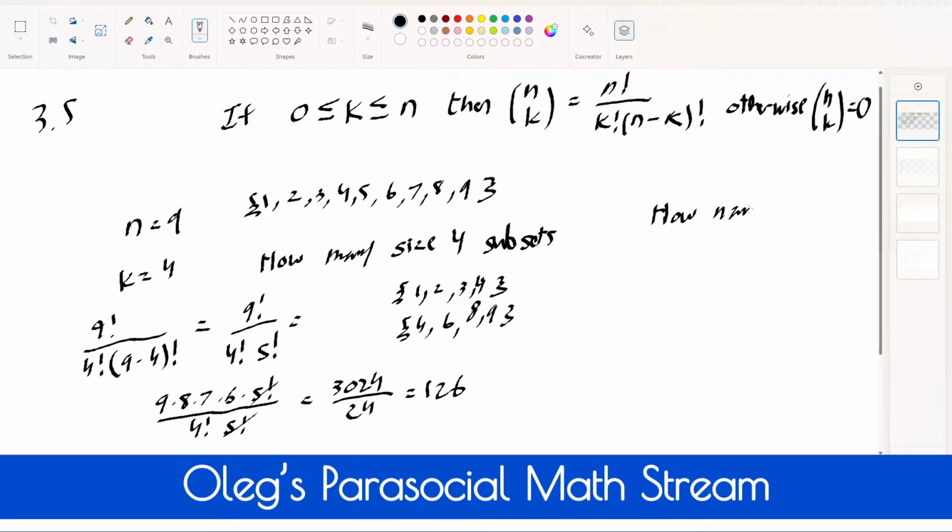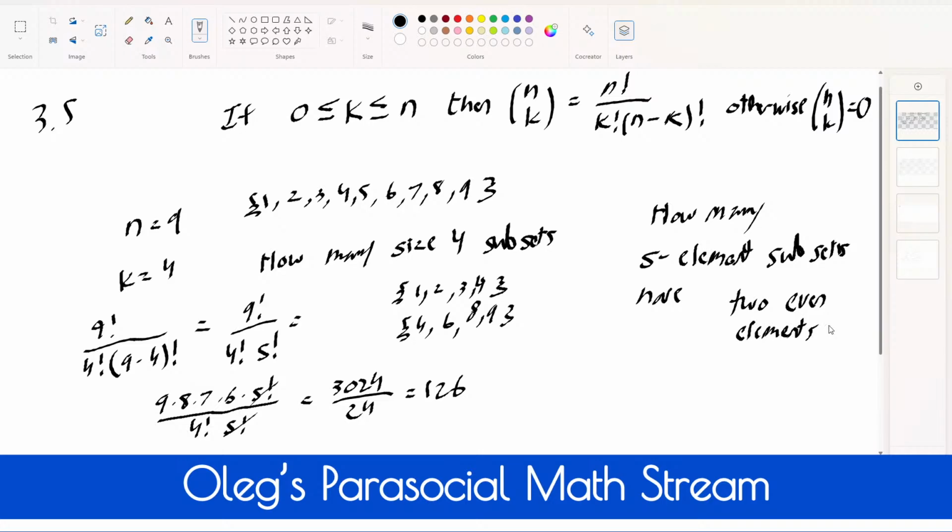How many 5-element subsets have 2 even elements?